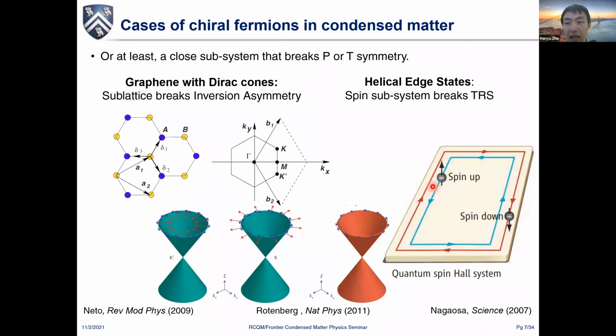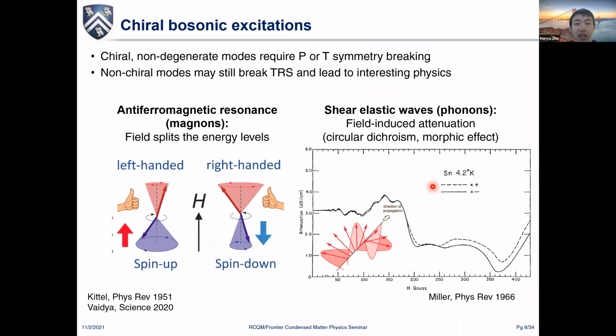So these are chiral fermions that people are familiar with. Then we asked the fundamental question: can bosonic elementary excitations in solid states also be chiral? Similarly, it does.